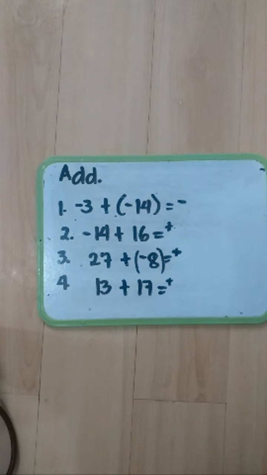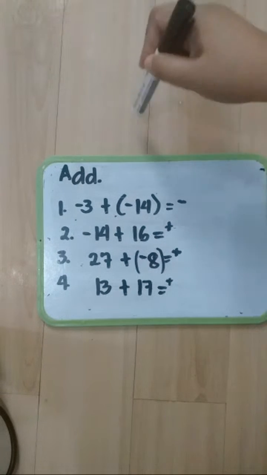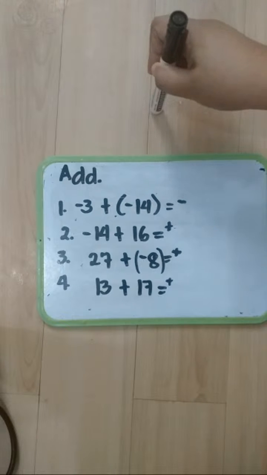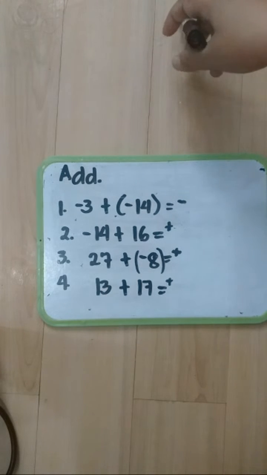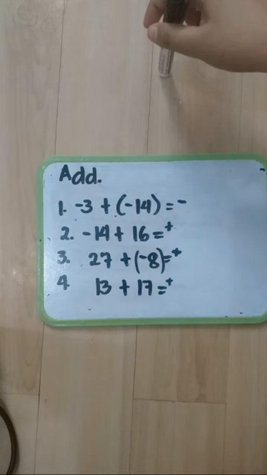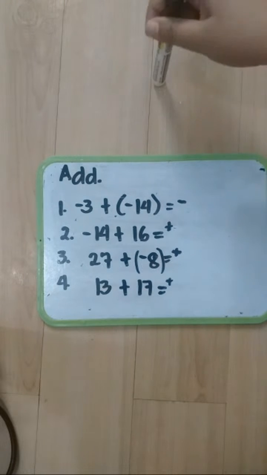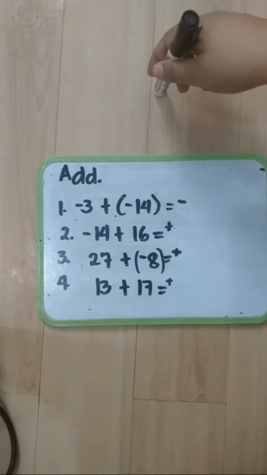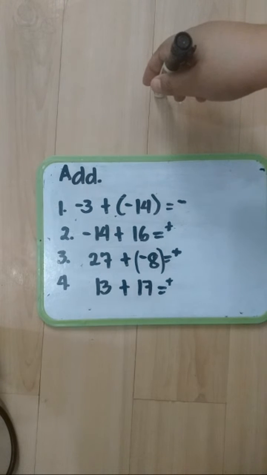Okay? So, let us have number 1. So, here, class, it's the same way with adding. 3 plus 14, what's the answer? According to method number 2, using same sign, you have to add the absolute value.